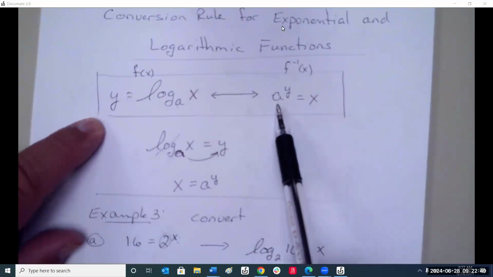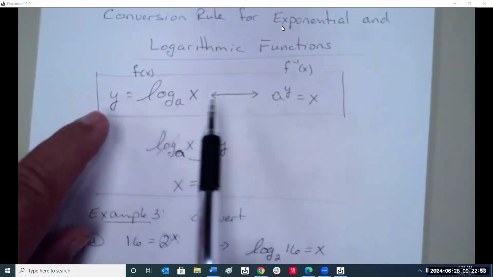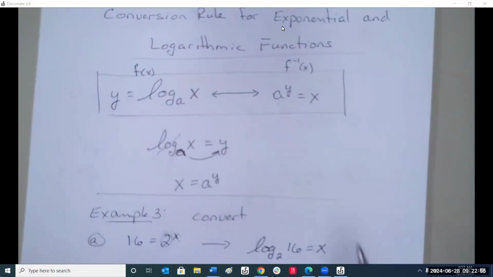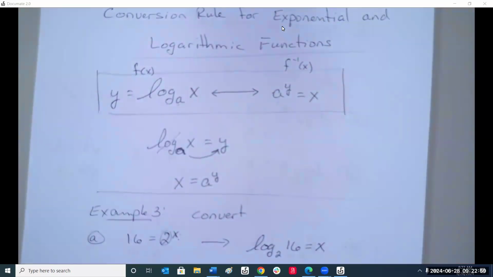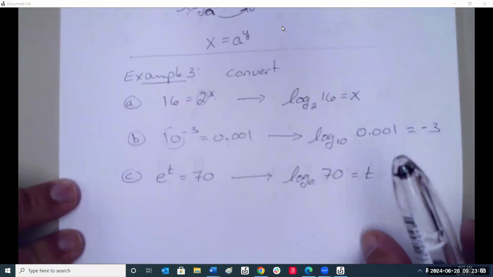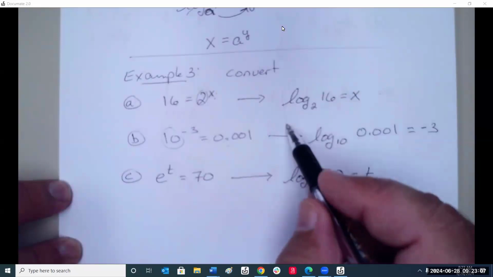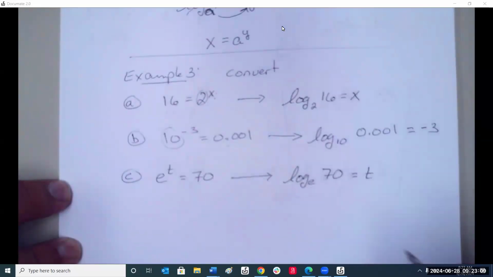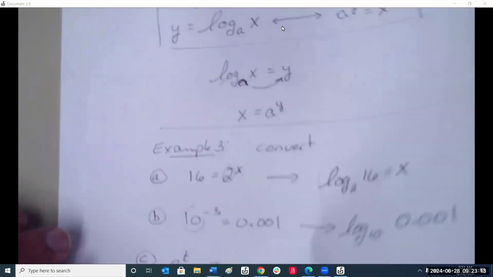So here's a, so it becomes the base, and x and y switch. So the answer goes in the question, and the exponent becomes the answer. In a little bit, these are the 3 types of logarithms that we'll have. They have special names, and we'll define that in a little bit.